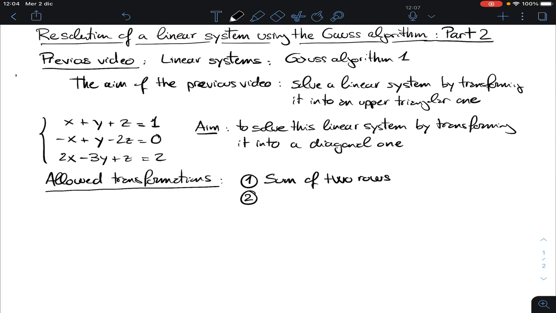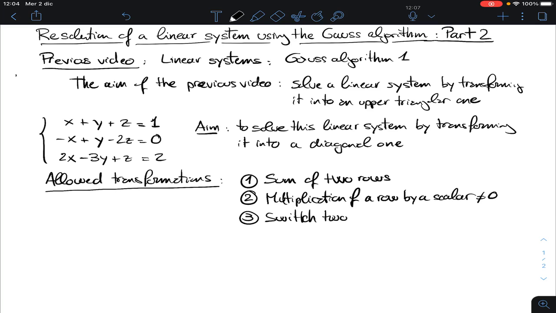The second transformation is the multiplication of a row by a scalar, and we have to suppose that the scalar is not 0. And the third transformation is to switch two rows.